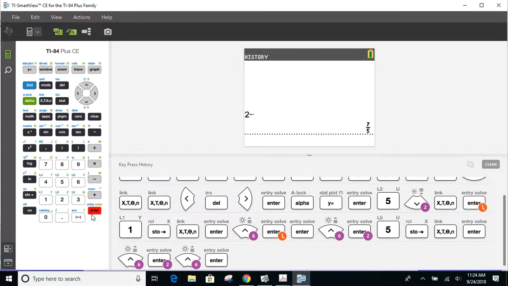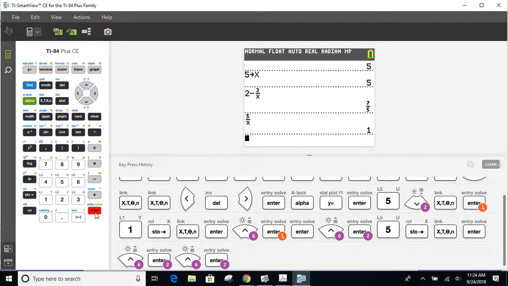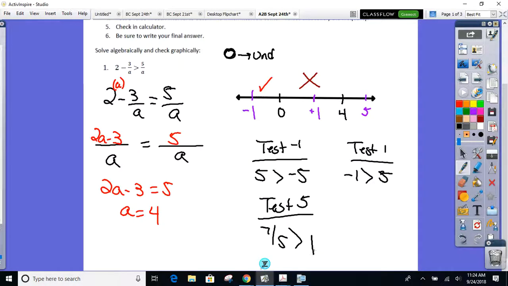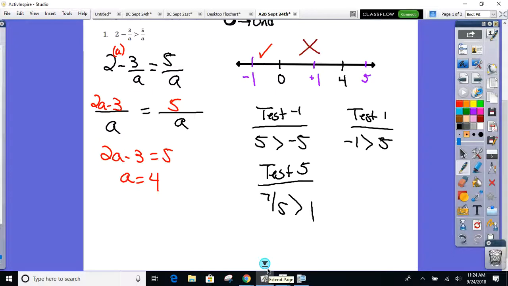That's an interesting discussion. Is 7/5 greater than 1? Is it? I hear a no in there. If you do 7 divided by 5, is it going to be a decimal bigger than 1? Yeah, it is. Okay, so we see where our solutions are.